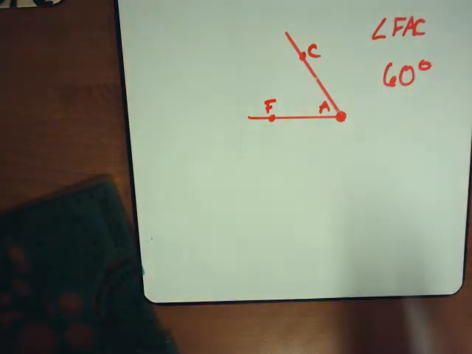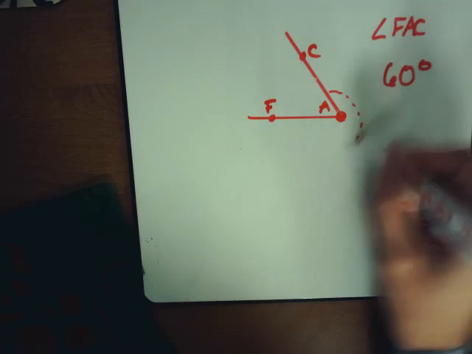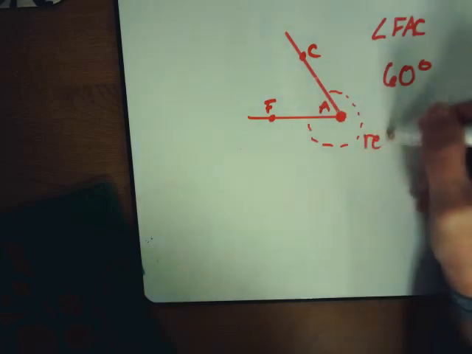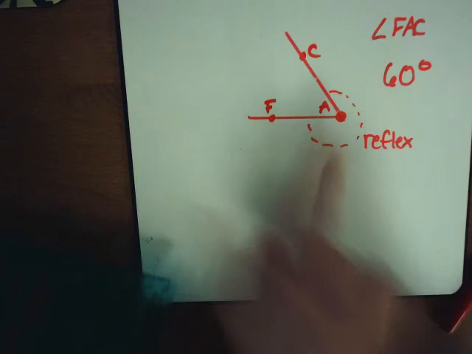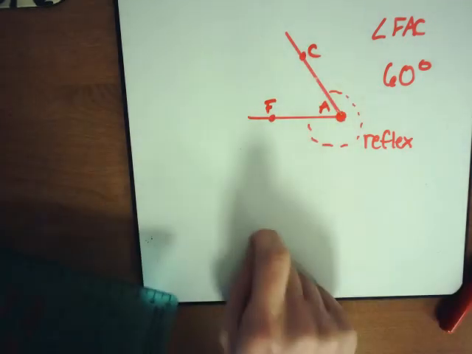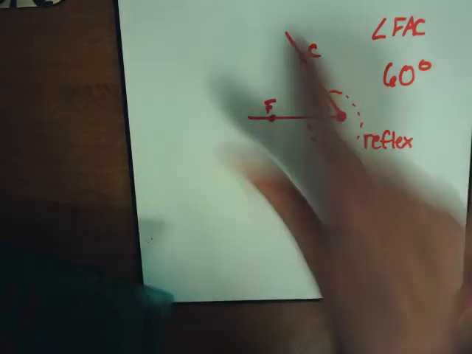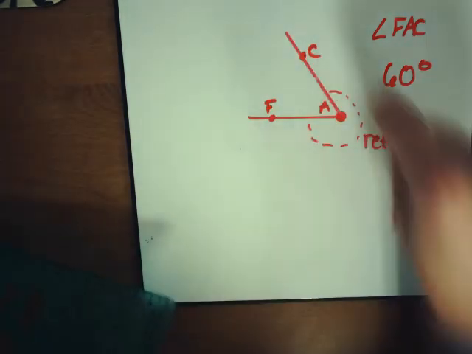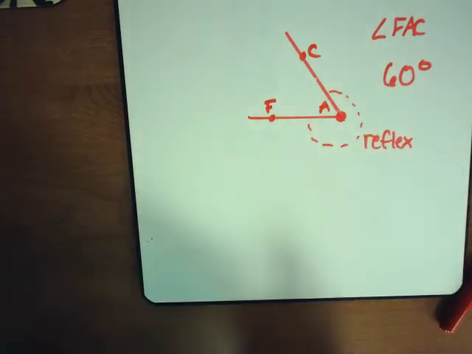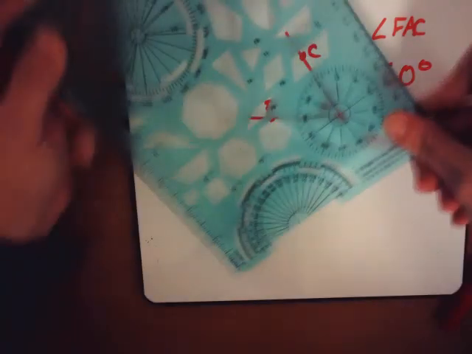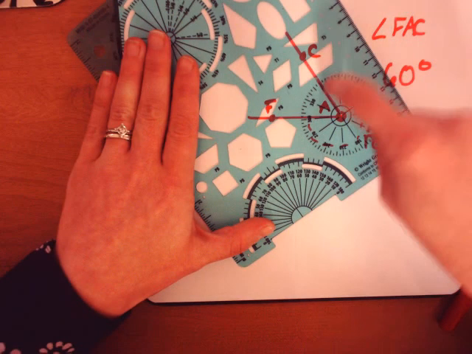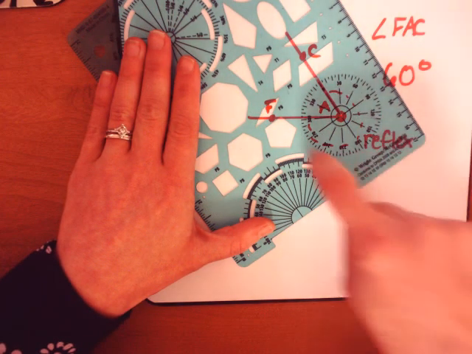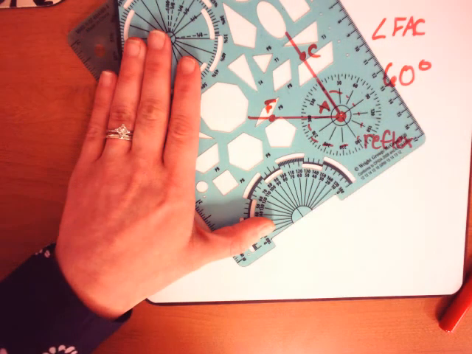I can also measure a reflex angle, right? So if I want to measure that reflex angle, I want to be going this way. I need to make sure that I start this one at 0, and then I figure out how much around the circle. To make sure that I'm going clockwise and looking all the way around, that reflex angle is 300.